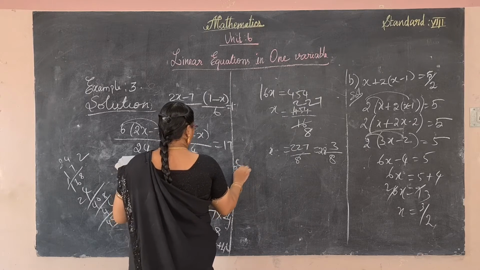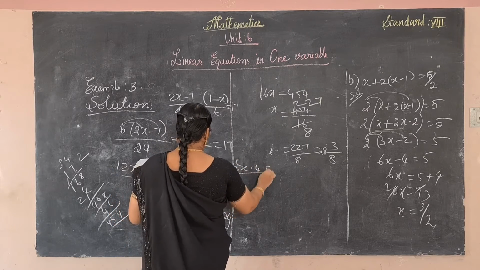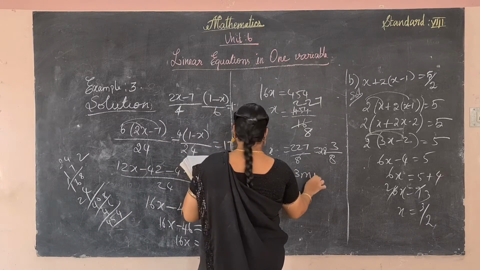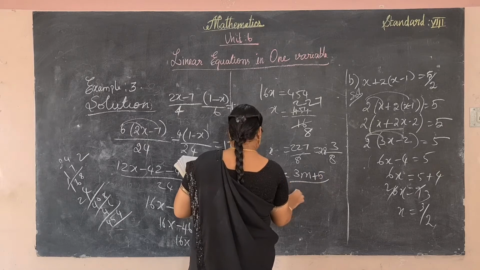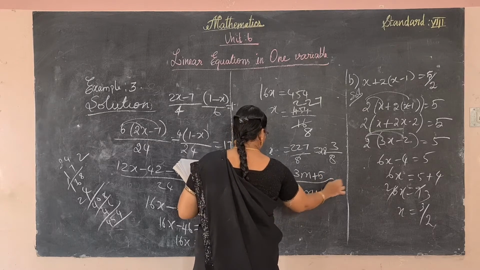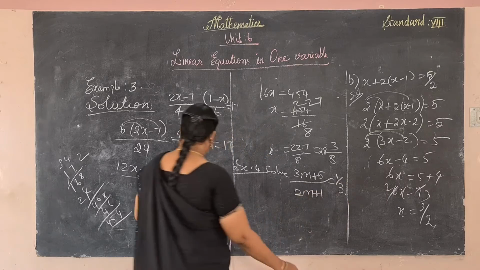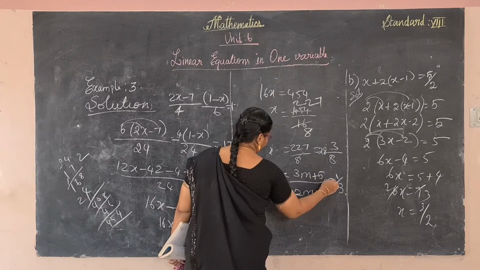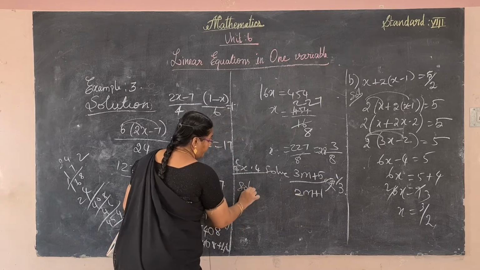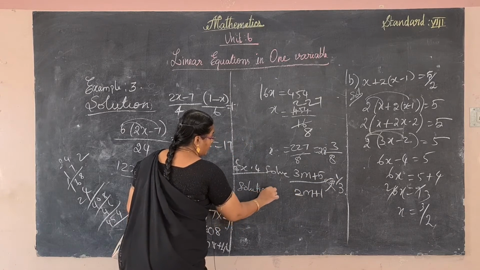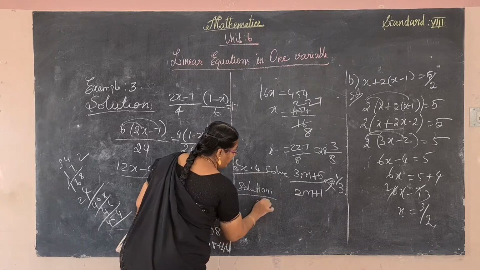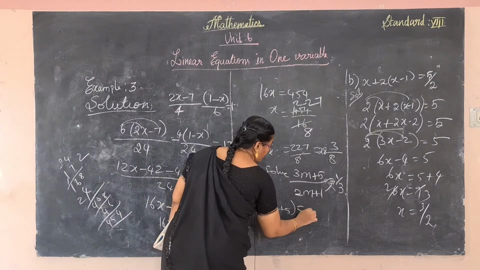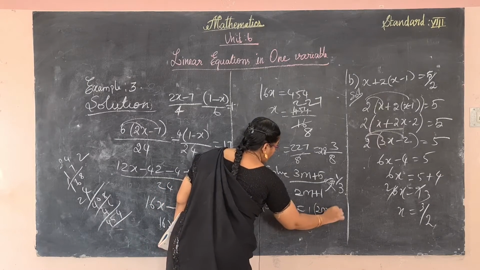Example 4. Solve (3m plus 5) by (2m plus 1) is equal to 1 by 3. Just cross multiply. Three into 3m plus 5 is equal to 1 into 2m plus 1.